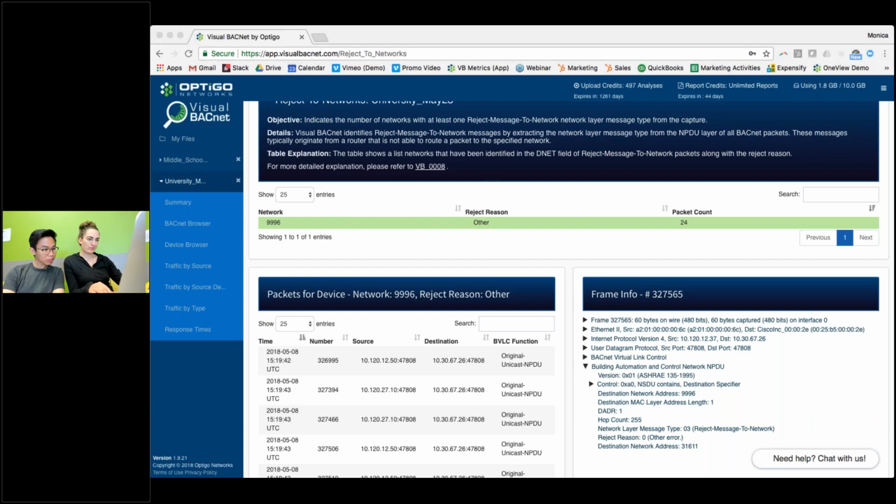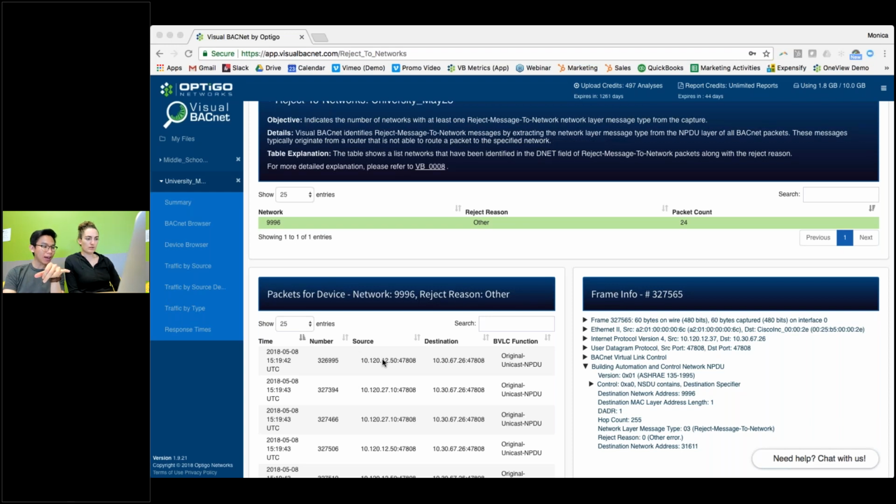But so multiple different devices are sending rejections, but they're all sending these rejections to the server network. Is that right? But this is very weird. Usually there's only one. Usually one router would send reject to network to any devices that request to get to that network.